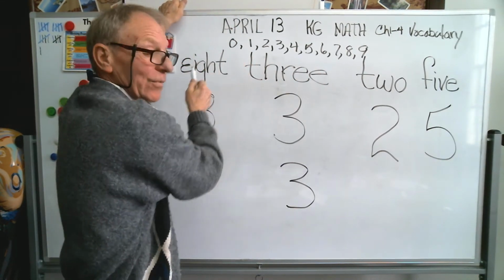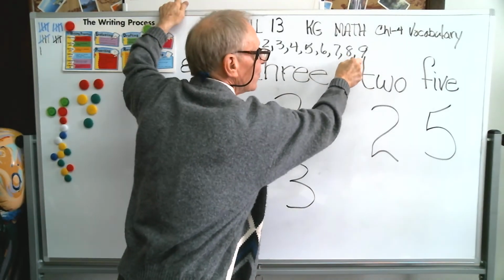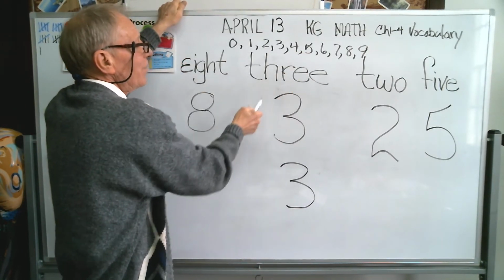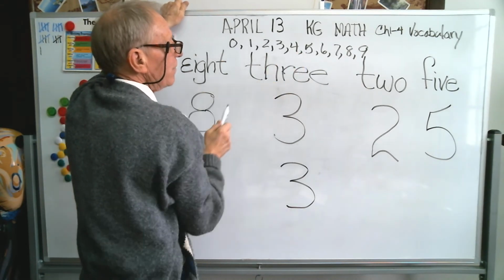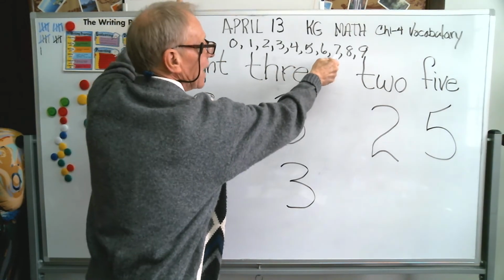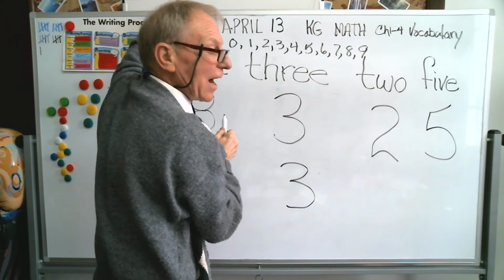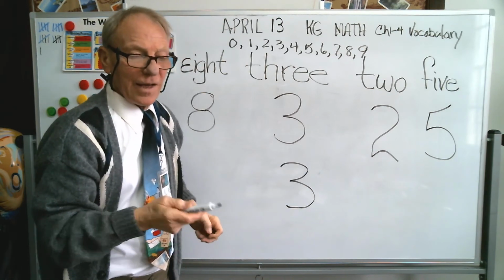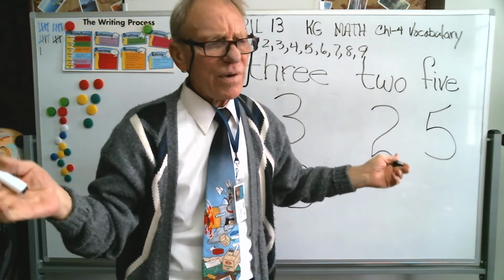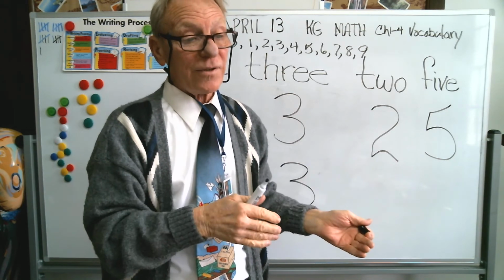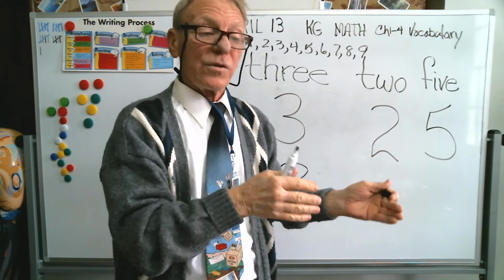When you go to 0, every number in this direction is more. And if you pick numbers in the middle, 3 is less than 5 because it's on this side of it. But 7 is greater than 5 because it's on that side of the 5. And if you can remember that, you'll always be able to know which is greater, which is less, which is more, which is fewer.